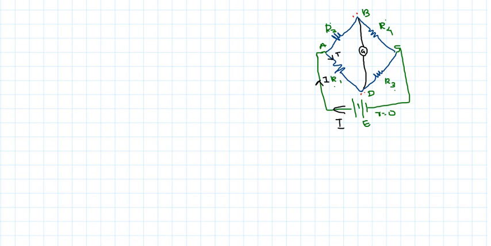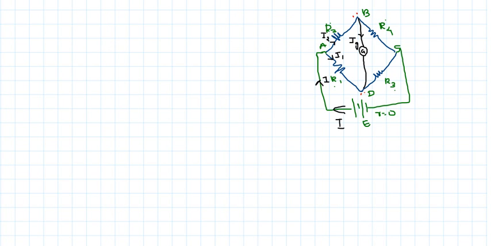Therefore here it is having a current of I1, here a current of I2. Clear? The moment I start that battery, the current will be splitting as I1 and I2. Similarly, current also passes through the galvanometer, and it has a value Ig.